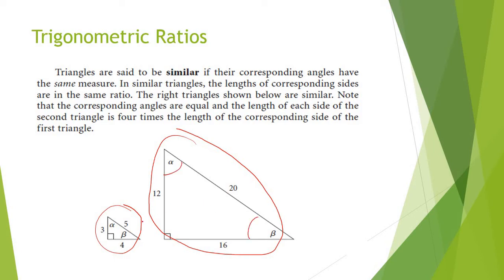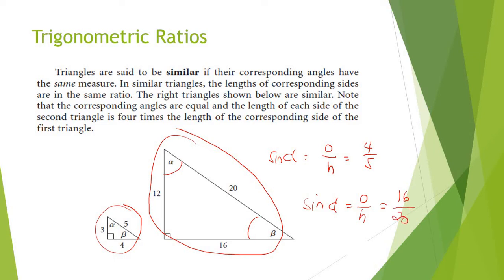So here, say for example alpha, sine of alpha. Alpha is what? Opposite over hypotenuse. In the smaller triangle, the opposite of your alpha is 4 over 5. Now in the big triangle, you have the sine alpha of the larger triangle: opposite of your alpha is 16, hypotenuse is what? 20.